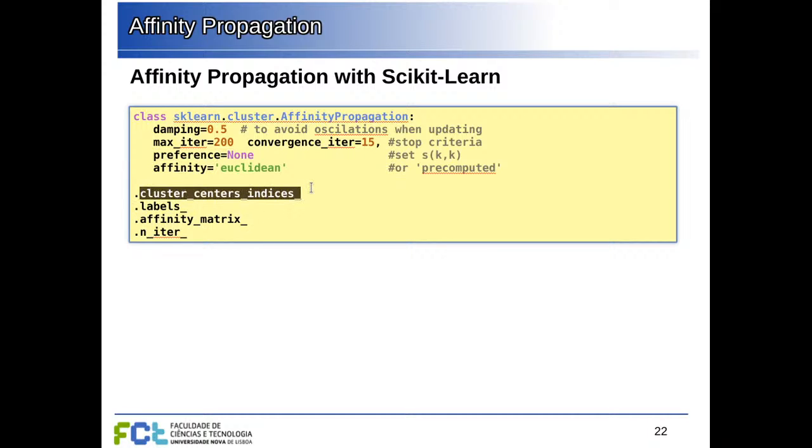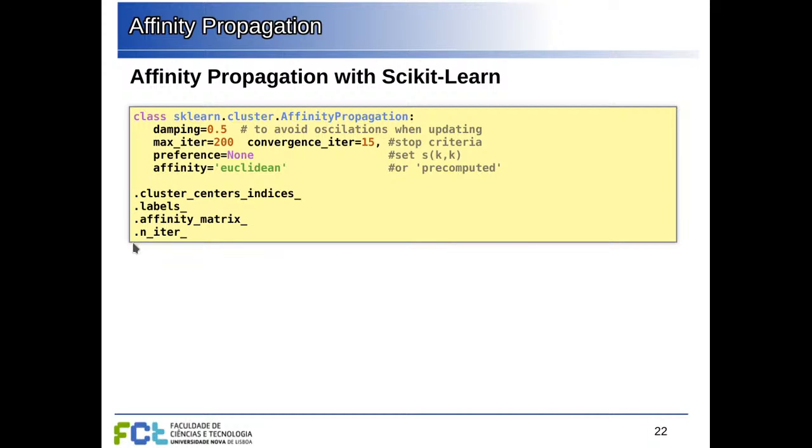And then you have these attributes. For example, the cluster centers indexes tells you which examples are serving as prototypes. The labels are the labels for the examples that we use to fit the model, the affinity matrix, and so on. So you can look at these data.